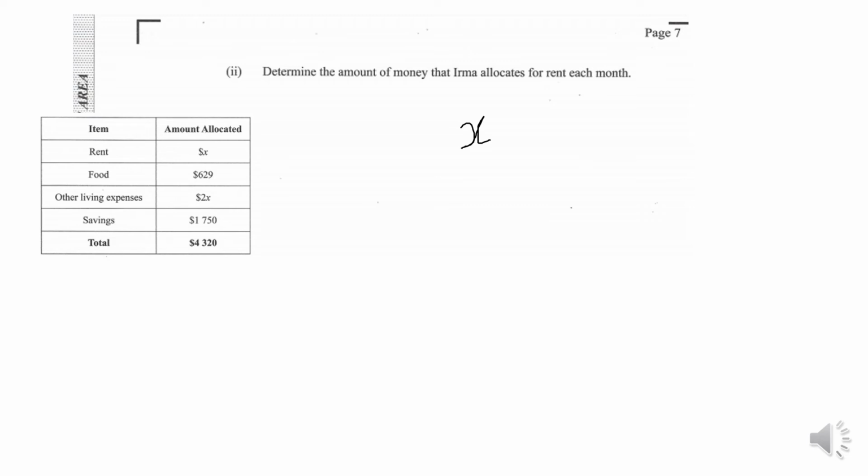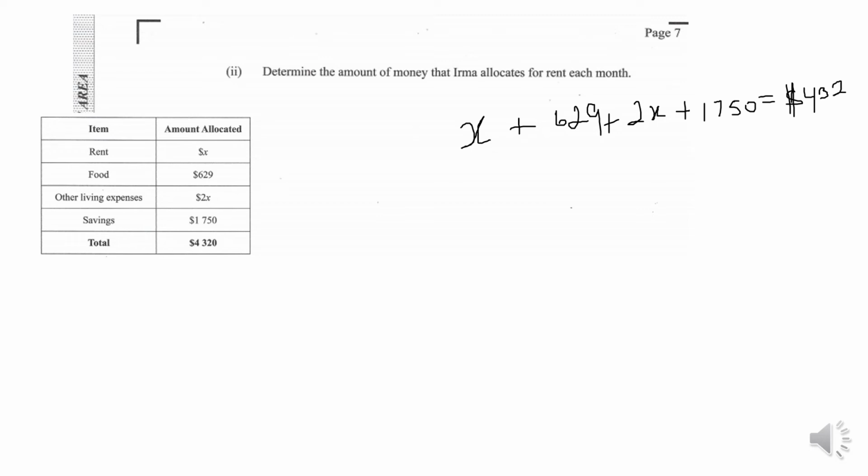So we have X plus 629 plus 2X plus 1750, all of this equal to 4320.